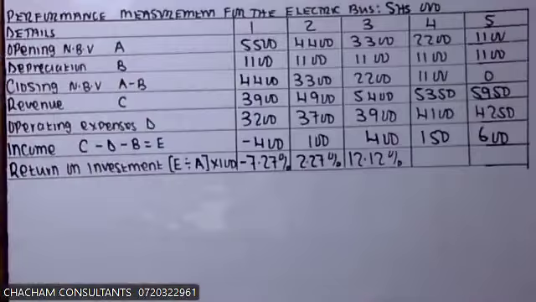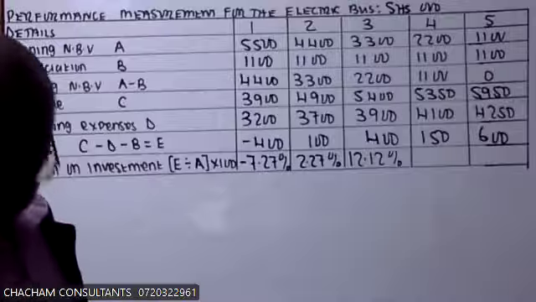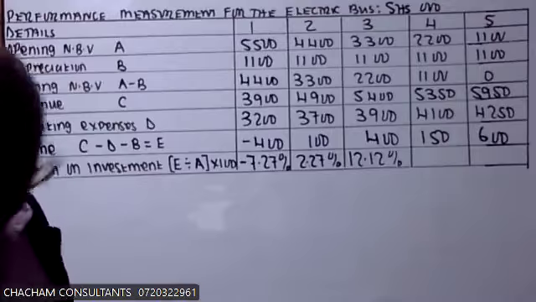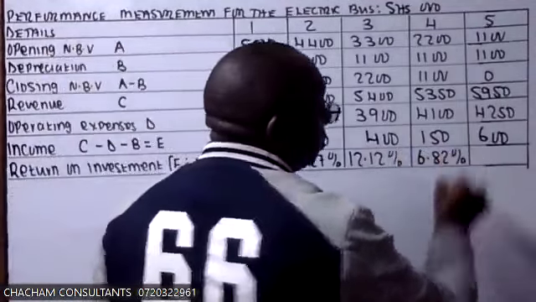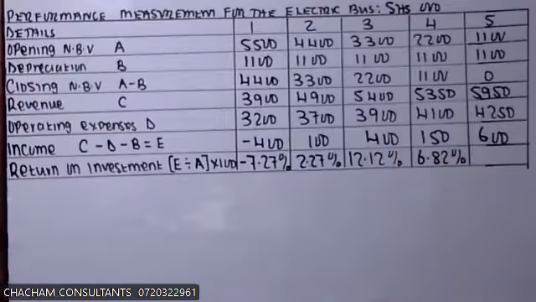Haya, songe kwa the next, 150 divided by 2200. Maureen, check yours. I'm having 6.82.